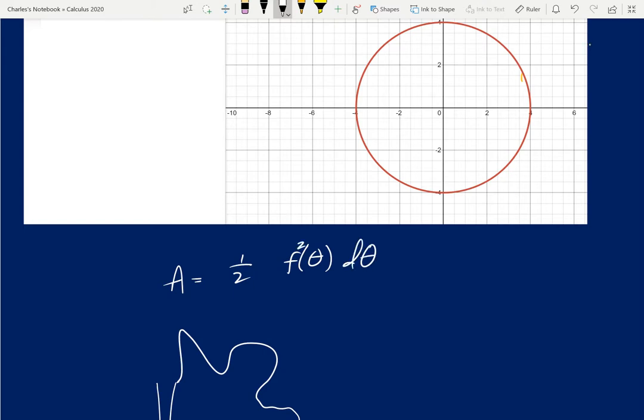Okay, so now this is 1/2 times the base times the height, and then it's going to be an integral from A to B.